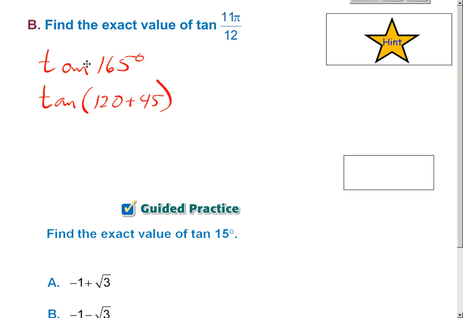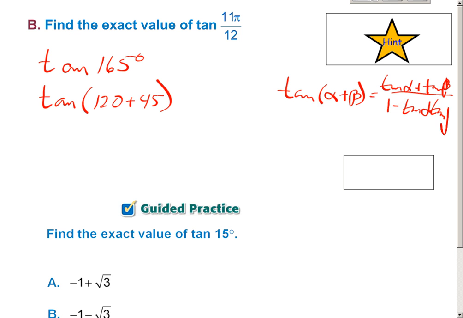Okay, let's see. I've got to think about the formula for tangent. So for tangent of a sum, tangent alpha plus beta is, how does it start off? Tangent alpha plus tangent beta, over 1 minus tangent alpha tangent beta.